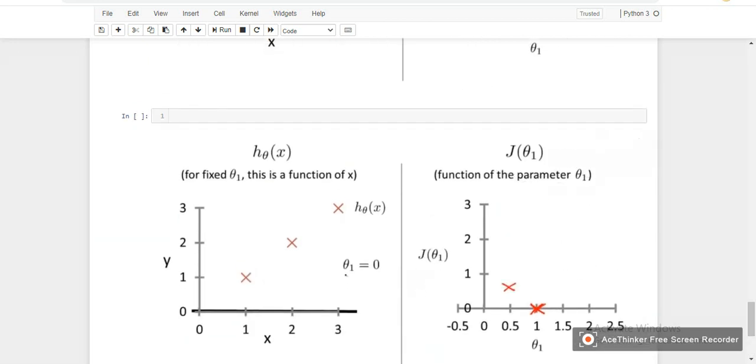So in this case we are considering the theta 1 value equals 0. The model will produce a line equation almost along the x-axis. In this case the cost of this model is a little more than the previous model, where theta 1 equals 0.5.